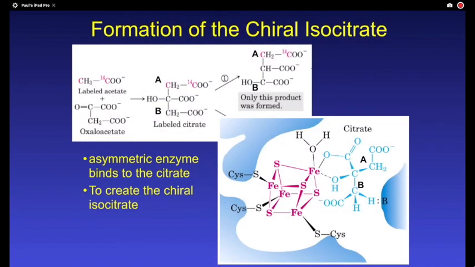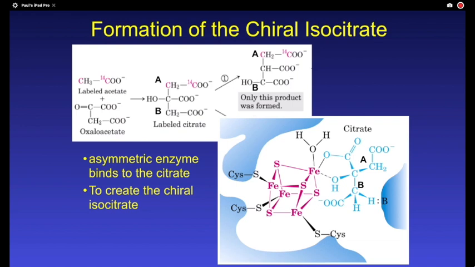What we find is that in every single case, the C14 is far away from this hydroxide. This particular C14 is represented by the acetyl-CoA that came in. The hydroxide is always on the oxaloacetate that comes in.